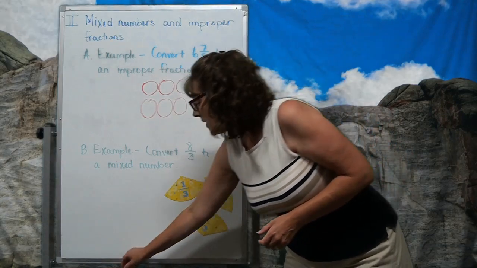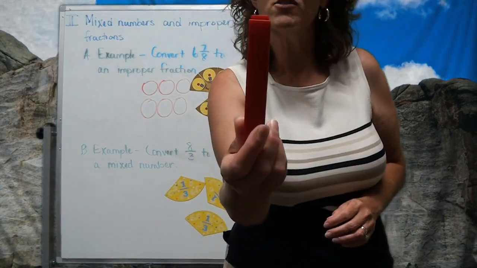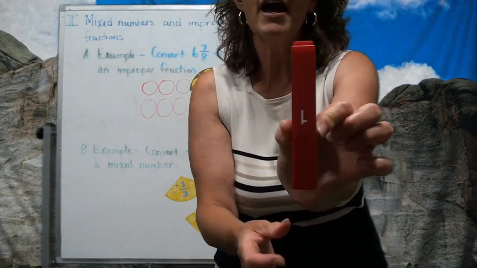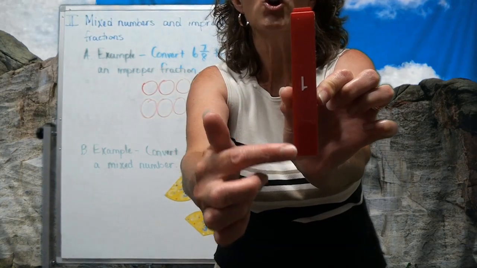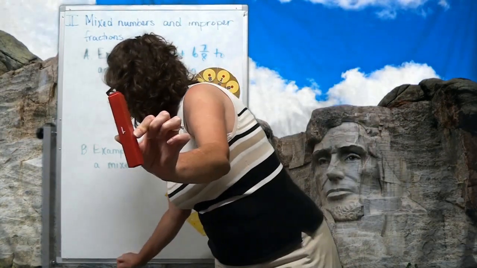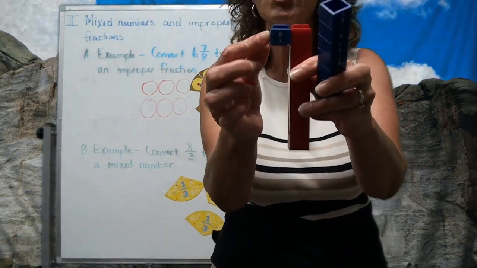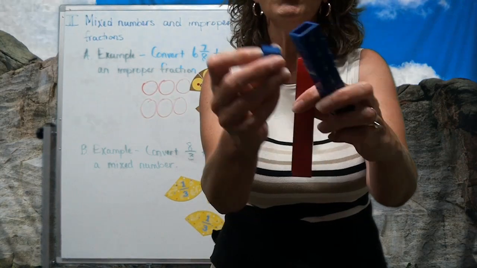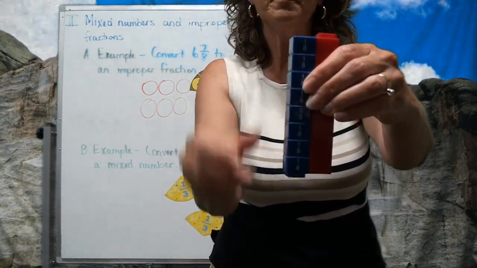Another way to represent them is a linear piece or something that looks kind of like this. In this case, what I have is a strip, but it says this length is what I'm going to call a whole. That length is a whole. So now I can say, well, what if I would take this whole and I would break it up into sections such that it would take 8 of these sections to create that whole.